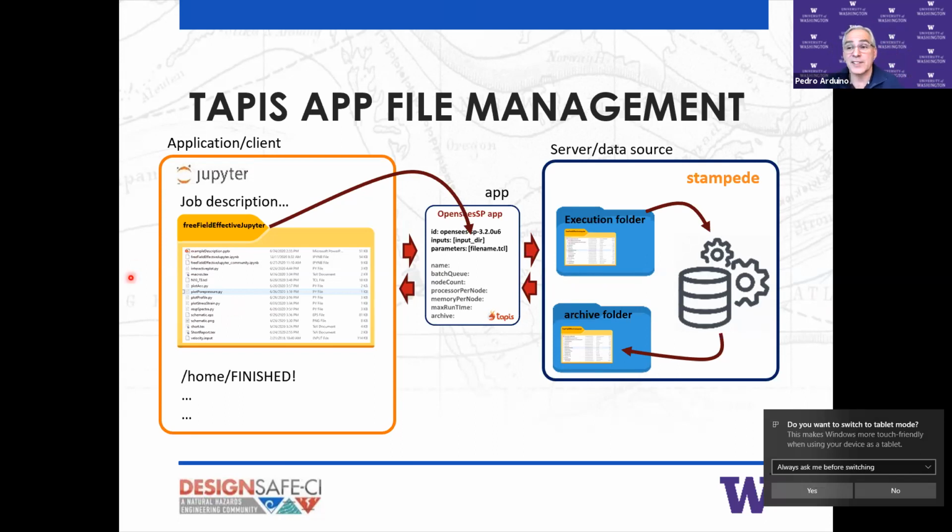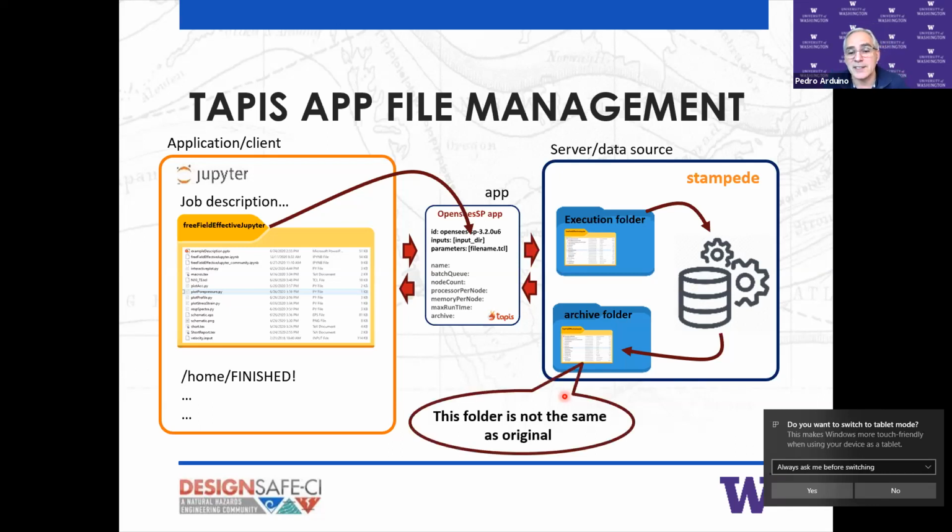And yes, you can set up your app or your work so that you can tell the program where to go, but in general, it goes to a folder that you have to look for. So that's an important thing to keep in mind. Okay? So now, the folder is not the same as the original in general.